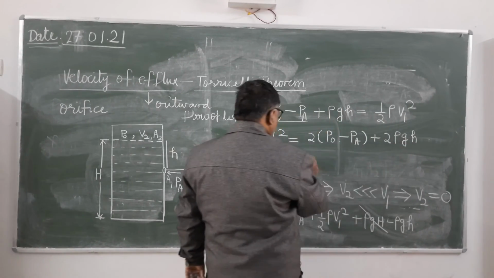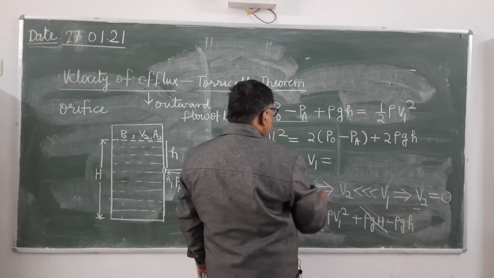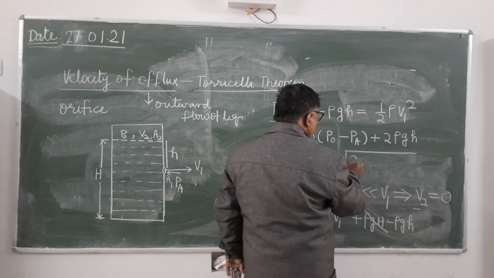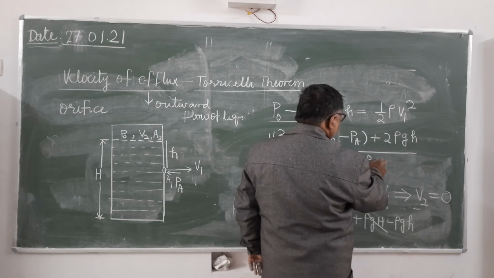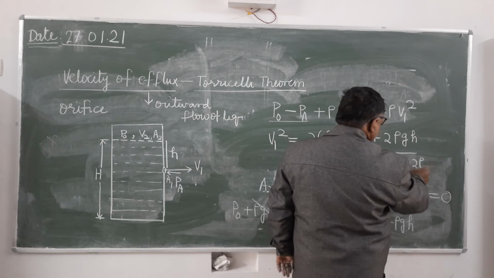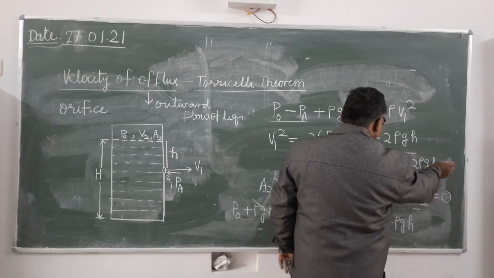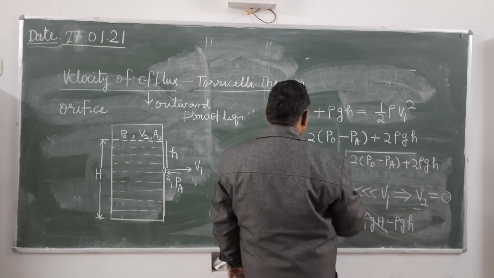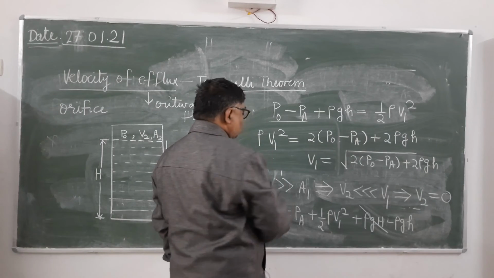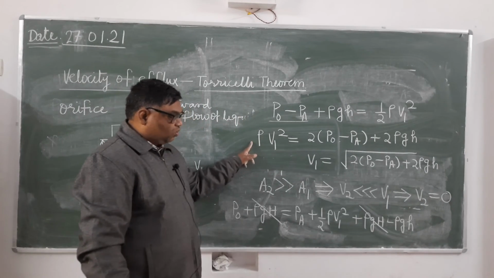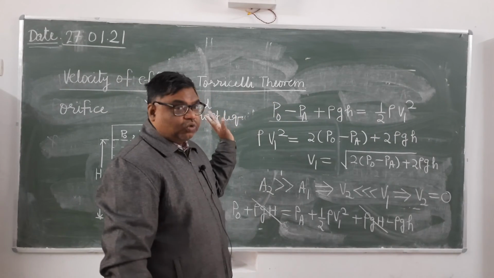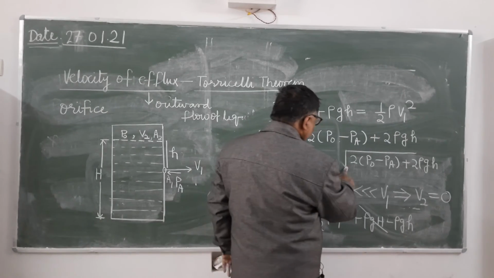So V1 equals, you can see, 2 times P naught minus PA plus 2 rho gh, upon rho. This is rho V1 square, you multiplied by 2, now divided by rho.